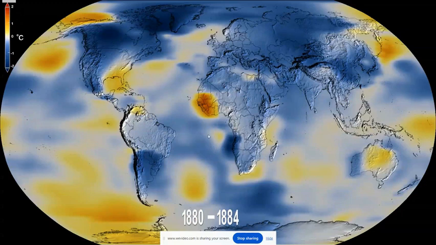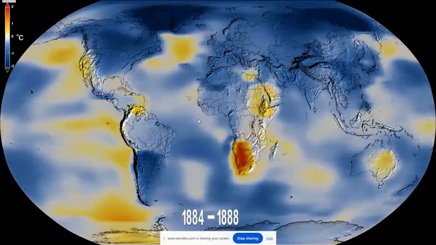Well, this is a map that shows that using different colors. Blue areas are temperatures that were colder than the 1950 average, and yellow, orange, and red ones are warmer. So I'm going to let it play.